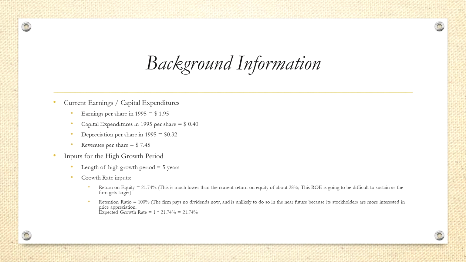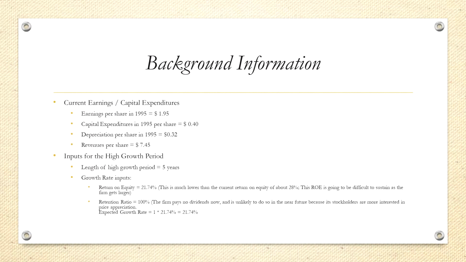This company had earnings per share in 1995 of $0.95, capital expenditure per share of 40 cents, depreciation per share of 32 cents, and revenue per share of $7.45. Then we assume that the length of the high growth time period is 5 years, and the return on equity was 21.74%, given a 100% retention ratio.